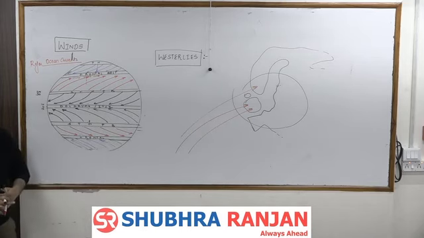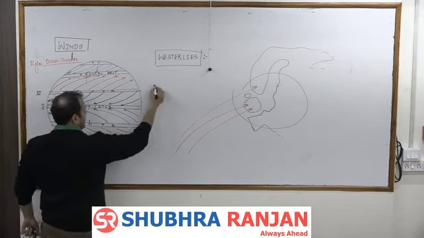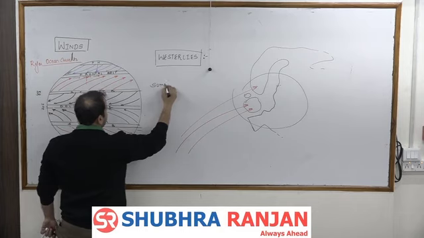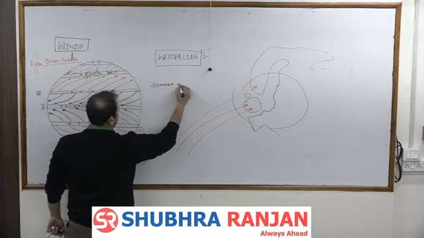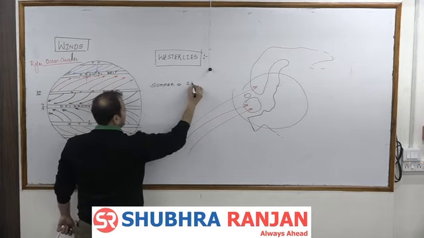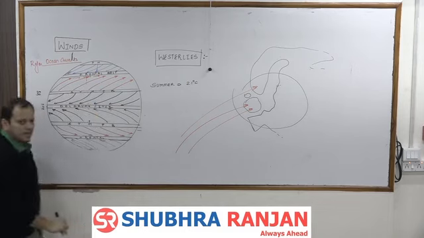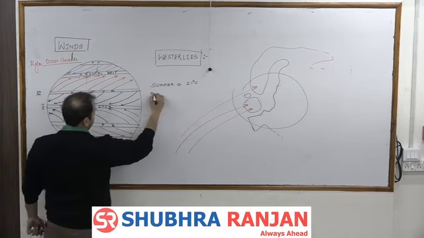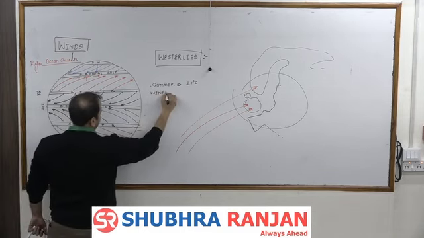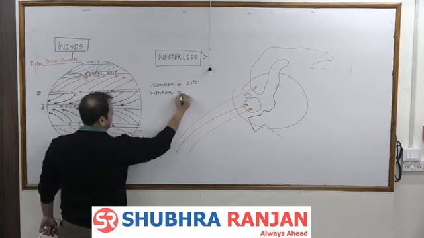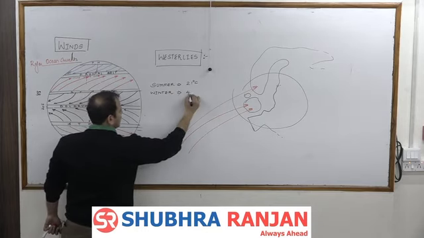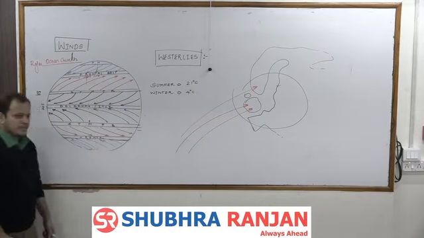Now Western Europe की खासियत ये है that the summer temperature of Western Europe is 21 degrees Celsius and the average winter temperature is 4 degrees Celsius.